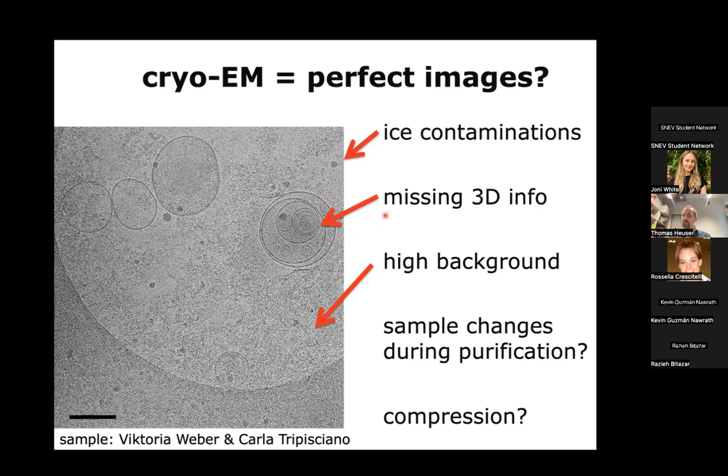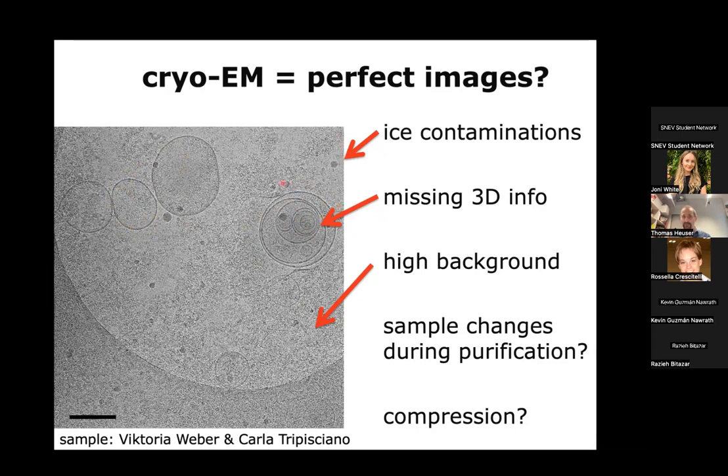And what's important to remember is that the images we generate, never mind if in cryo-EM or in conventional methods, the typical image you generate in a transmission electron microscope is a so-called 2D projection image.